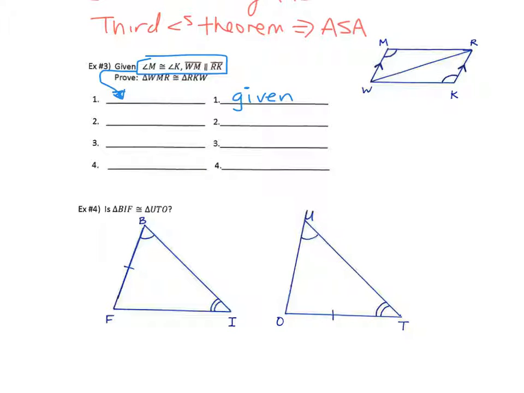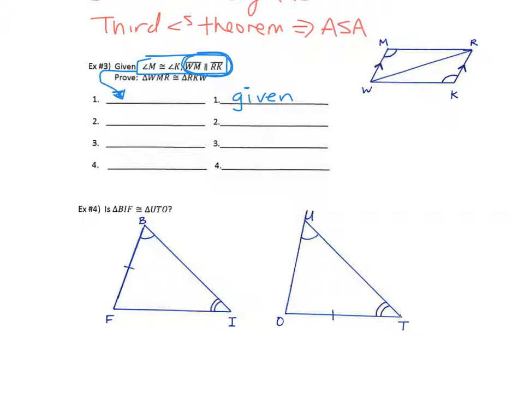What do you see in there that you know is going to show up? Parallel lines lead to what? AIA. Oh, I love you. You make me so happy. Okay, so when you see parallel lines, you're looking for alternate interior angles like 97% of the time. It will be AIA when you see parallel lines, okay?